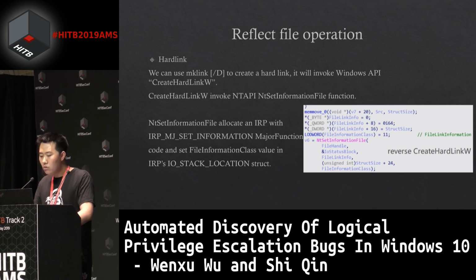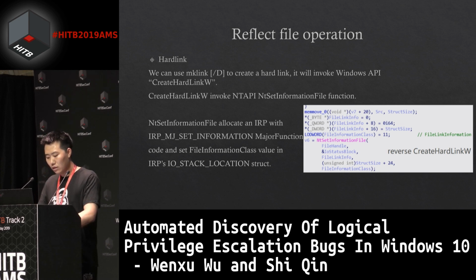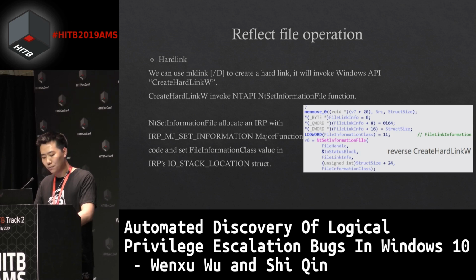We also can use the mklink command with /D to create a hard link. It invokes the Windows API create hard link W. The Windows API create hard link W will invoke the NT API NT set information file function.